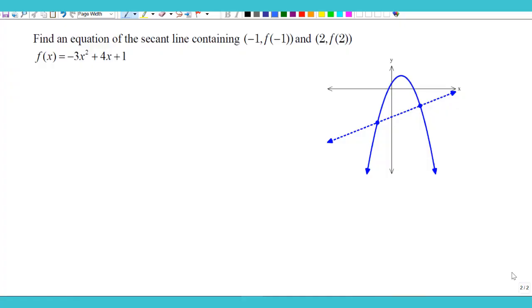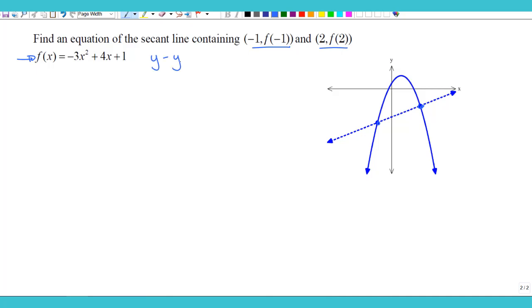Now let's look at finding an equation of a secant line by being given a function and where we want our secant line to be on that function. I have given you a graph, but notice this graph really has no scale, so I really can't just read off the y-coordinates of those points. So how do we find an equation of a line?